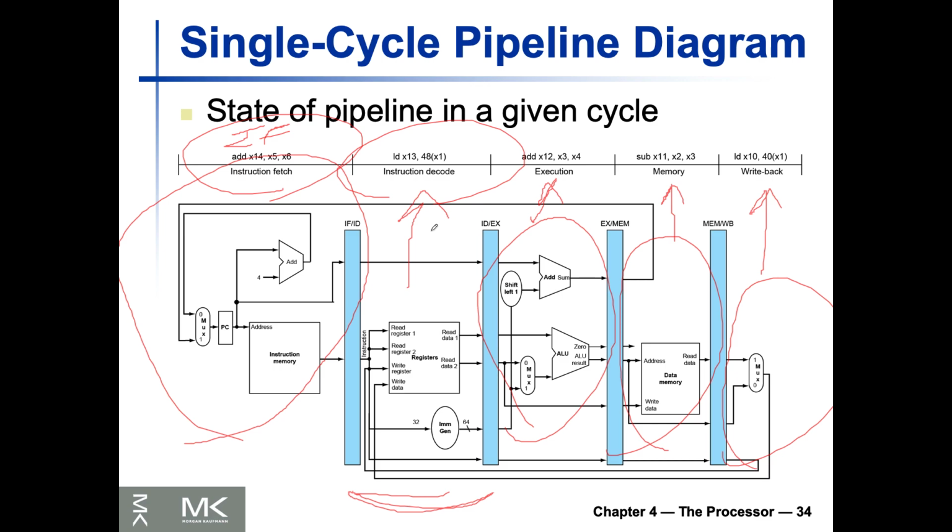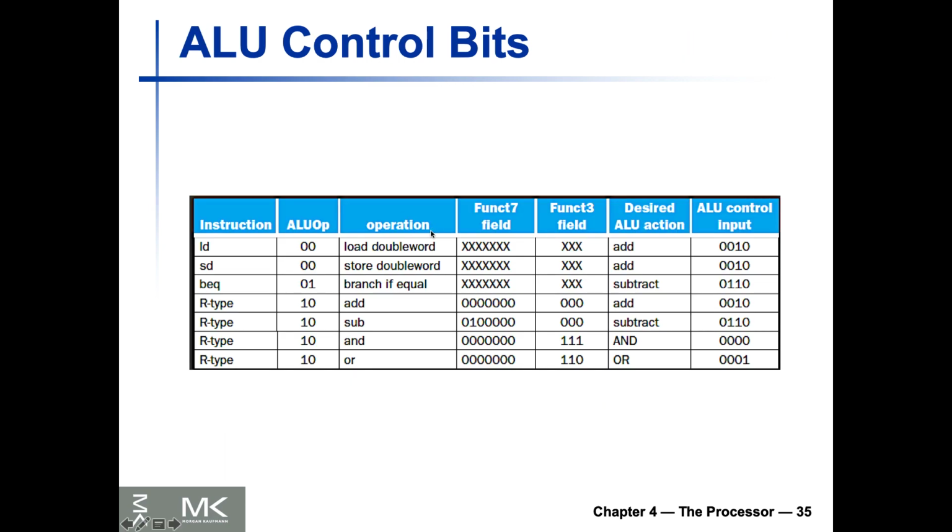Now, we know more or less how the pipeline works, but how we control it, we still haven't discussed it. If you recall early chapter 4, we were talking about ALU Control Bits, right? That we presented in perhaps lecture 1 of chapter 4, and then how we're going to control each of those types of operations.